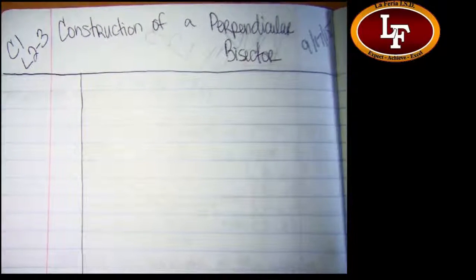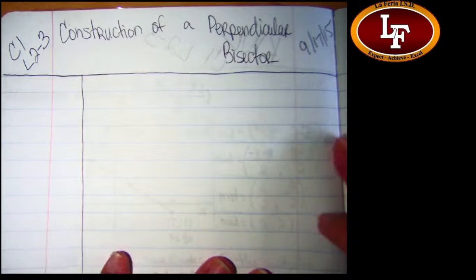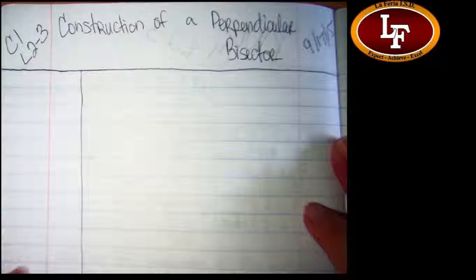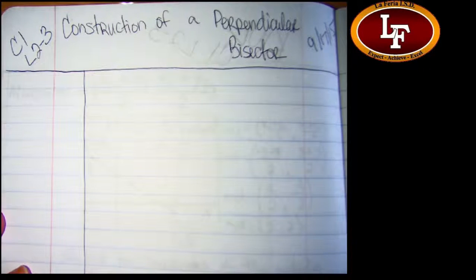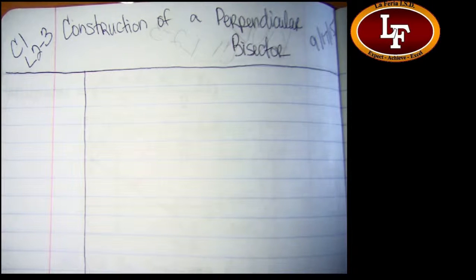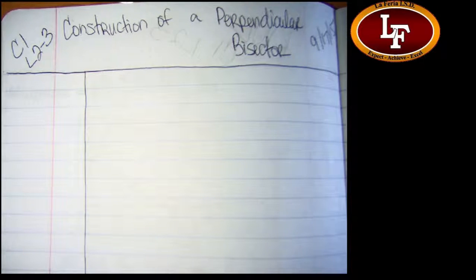Construction of a perpendicular bisector. Give you guys just a few moments to get title and objective down, and then we'll get started with our first vocabulary words for the day. Get out paper and still take notes, and you can add it in later.